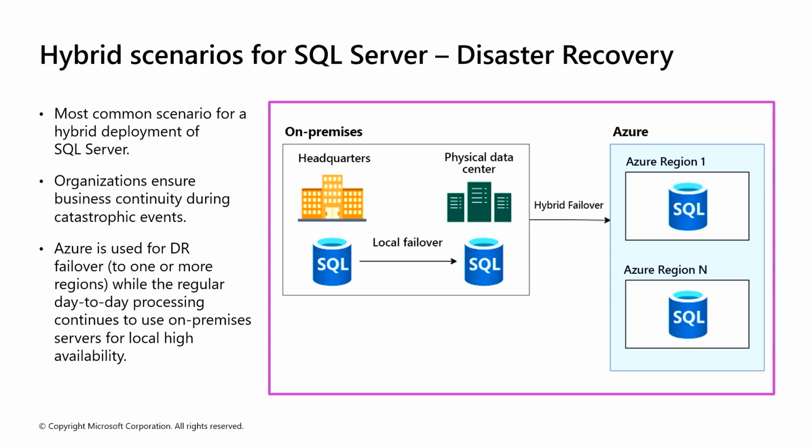High availability is defined in Azure as recovery from within a region. Disaster recovery is defined as recovery across regions. So hybrid is the most common scenario for deploying SQL Server. Disaster recovery is used to ensure business continuity in the light of catastrophic events.